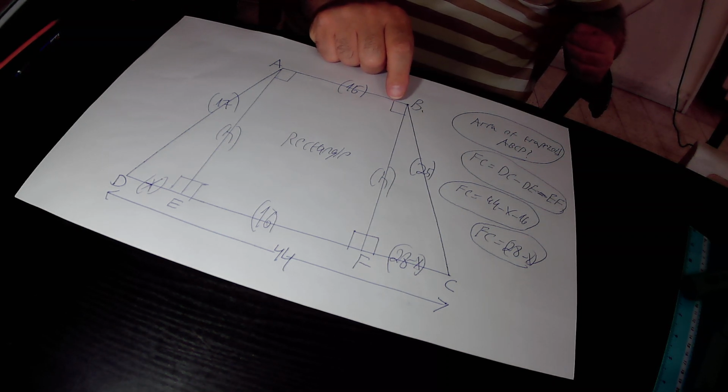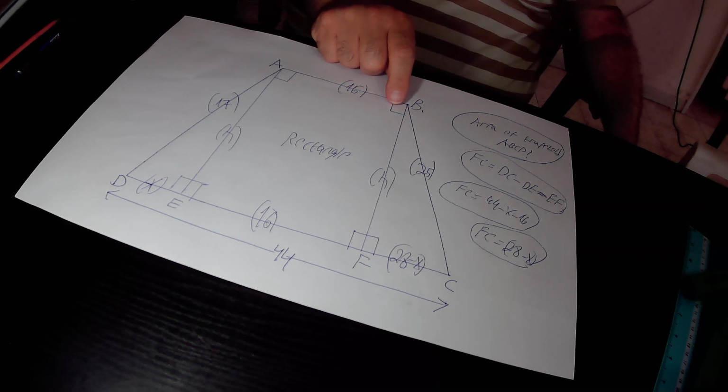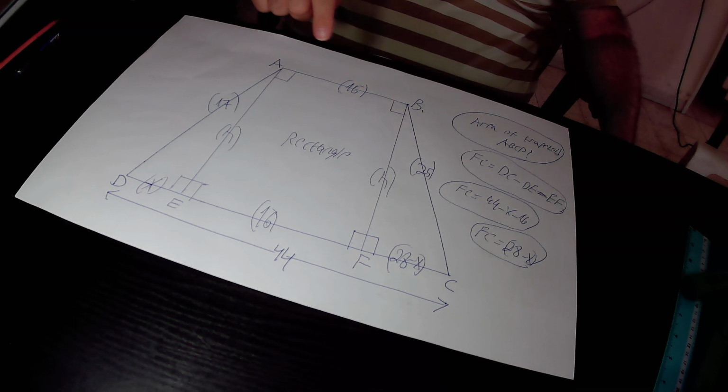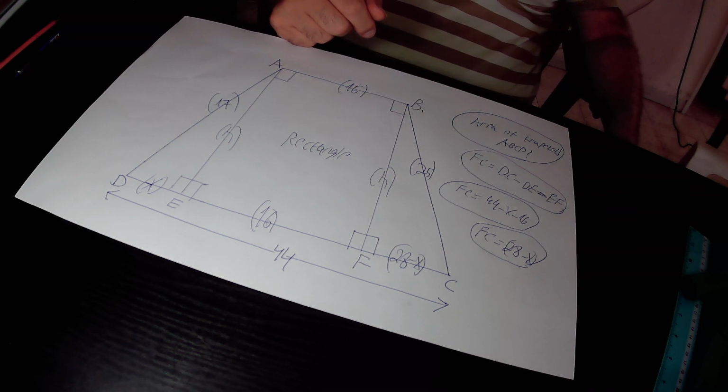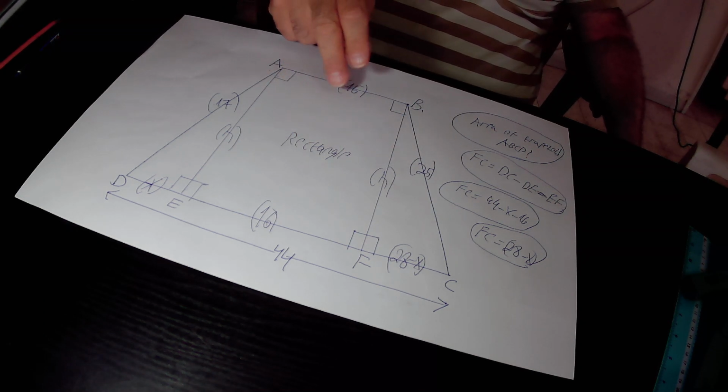Therefore this fourth missing angle must be equal to 90 degrees. So inside quadrilateral ABFE we have 4 right angles. And according to rule 5, any quadrilateral that has 4 right angles must be a rectangle, if not a square. So we conclude that this quadrilateral ABFE is a rectangle because it has 4 right angles.